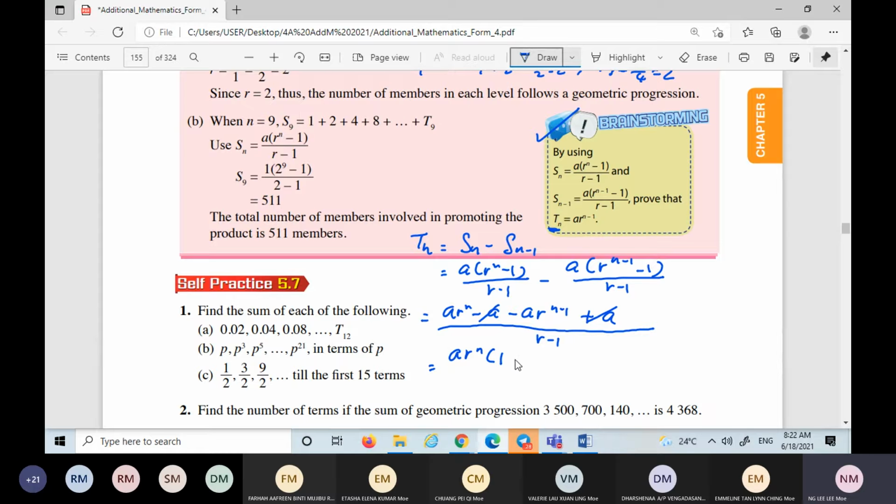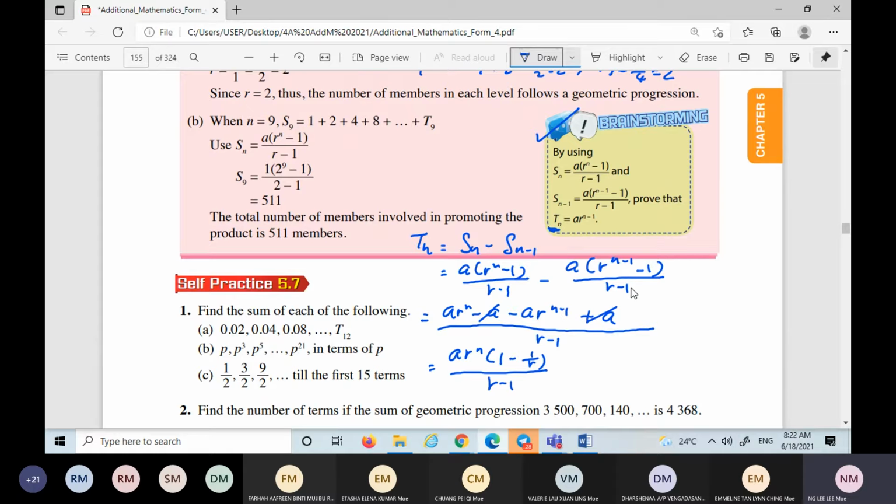So here is 1, and the other term, when I factor out a r power n, I have 1 over r, or r power negative 1. If you cannot see how I get this, you can do it the other way around. This one times this, you get this. This one times this, you should get back this.